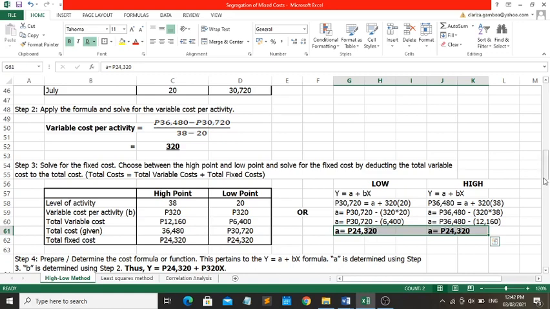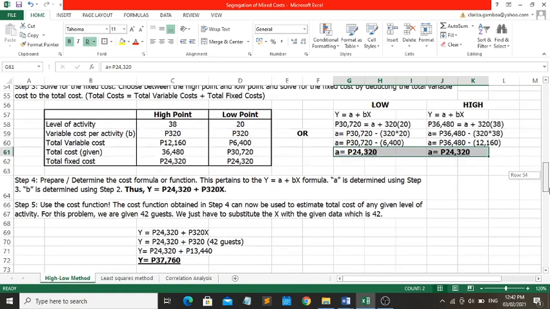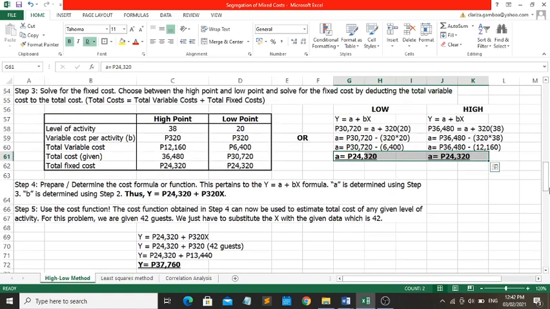Okay? Kaya natin ginagamit yung cost formula kasi nga, inaalam natin yung relationship ng X and Y natin, di ba? Kung meron ba talaga silang correlation. Kung nakaka-affect ba yung cost driver natin para mag-change yung ating total cost. Okay, so based dito, meron na tayong cost formula or function. So, paano natin gagawin yon?